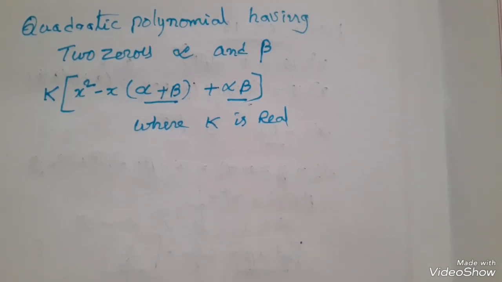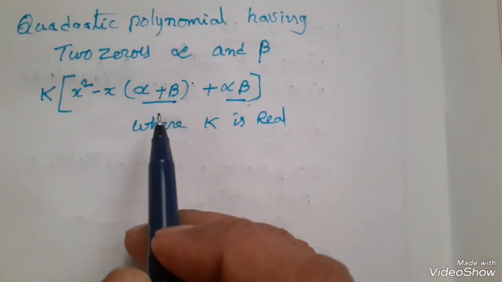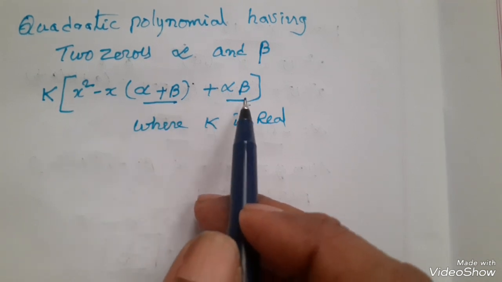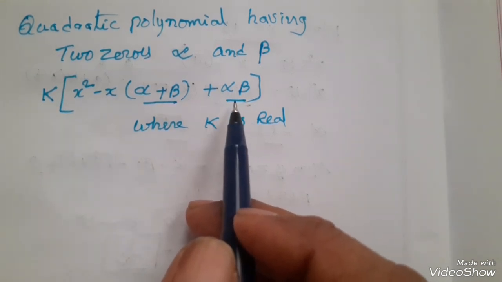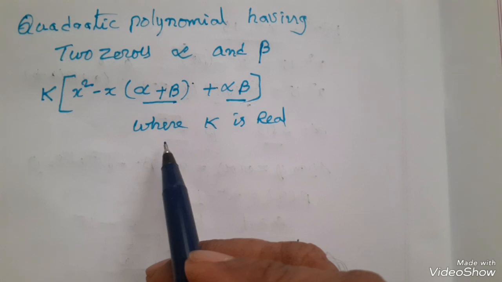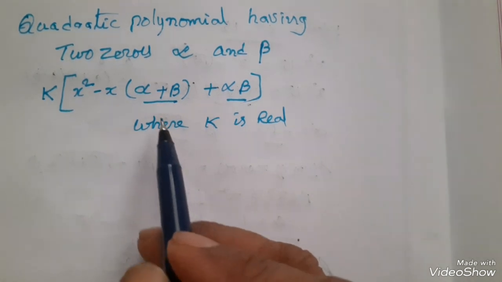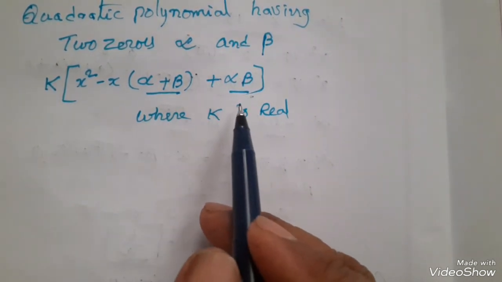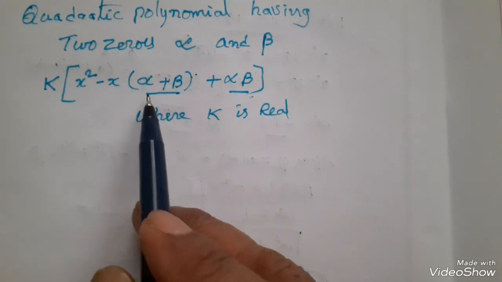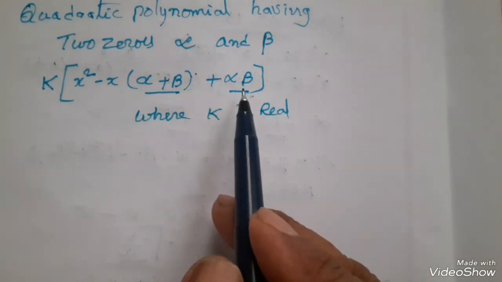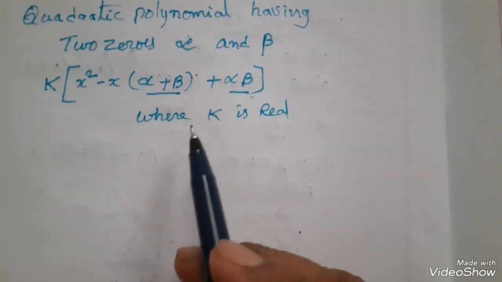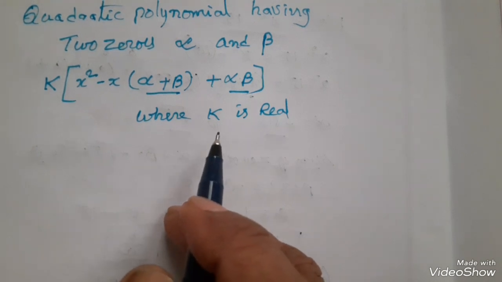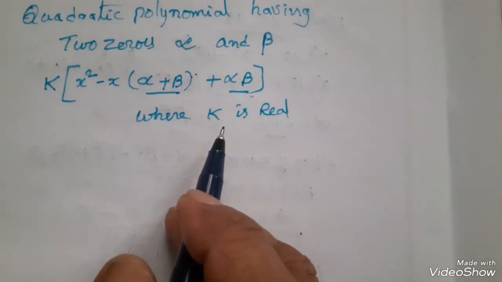So when you are given the sum of zeros and the product of zeros, we can find the quadratic polynomial. Otherwise, when two zeros are given, after finding the sum of zeros and the product of zeros, we can find the quadratic polynomial.